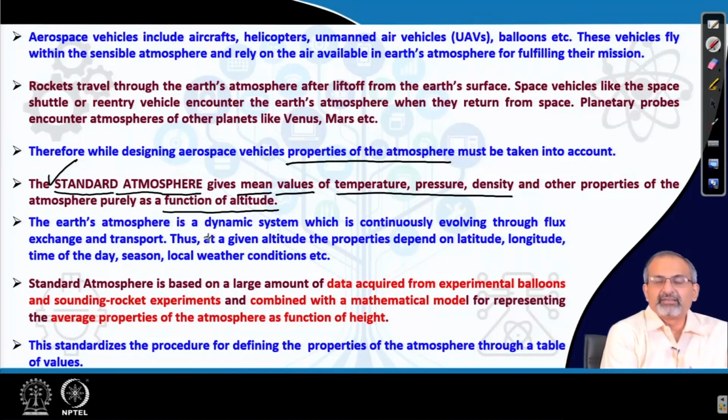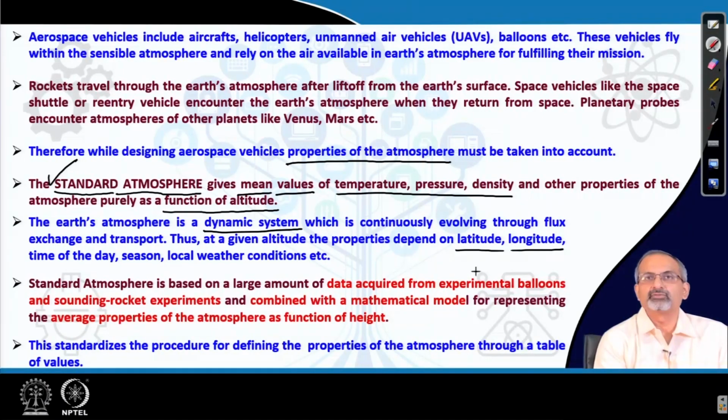Earth's atmosphere in reality is a dynamic system that we all are aware of. It is continuously evolving through flux exchange and transport. Therefore, at a given altitude over a certain location on the Earth's surface, the properties would be dependent on the latitude and longitude of that location, the time of the day, that means whether it is morning or afternoon or evening or midnight.